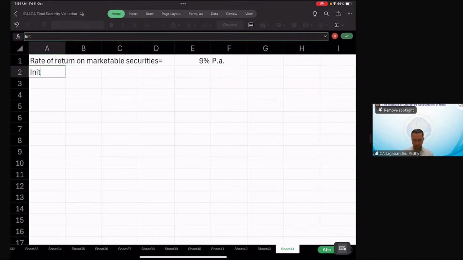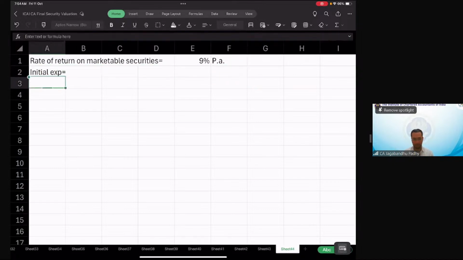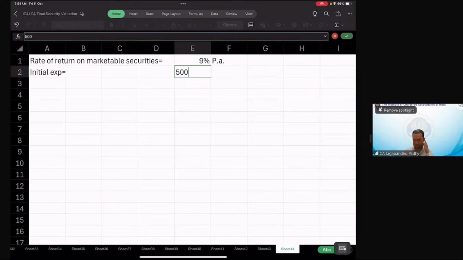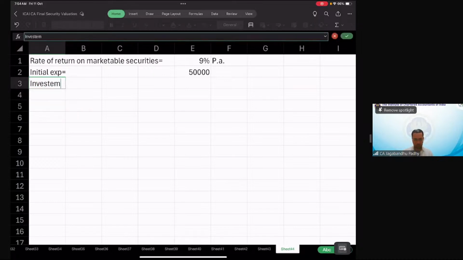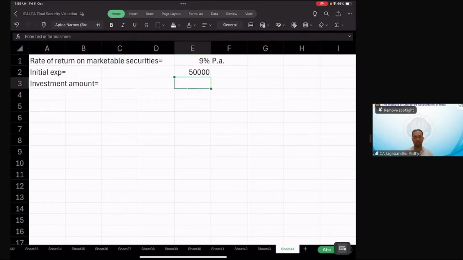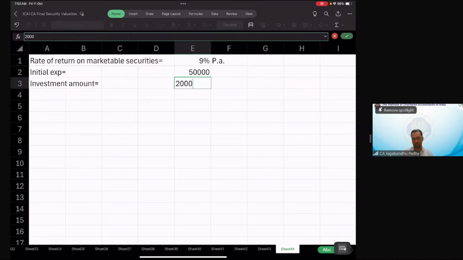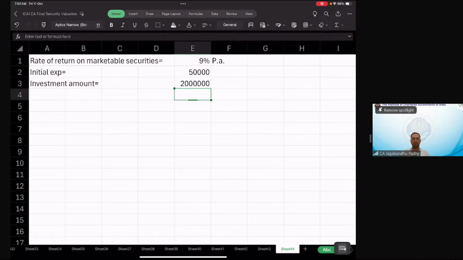Initial expenses that we need to pay is 50,000, and the investment amount will be 20 lakhs. Investment amount is 20 lakhs.